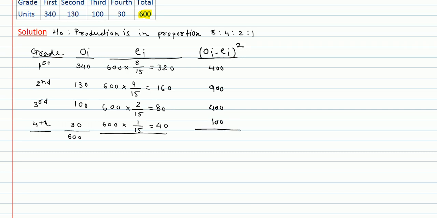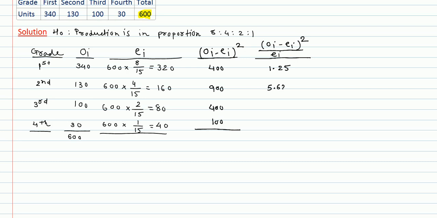Okay. After this, our final column is OI minus EI whole square divided by EI. Now we have to divide this column by EI. Like 400 divided by 320, we will get 1.25. 900 upon 160 is equal to 5.625.